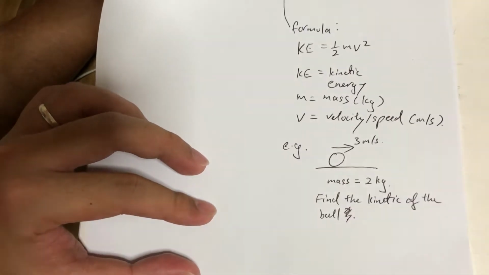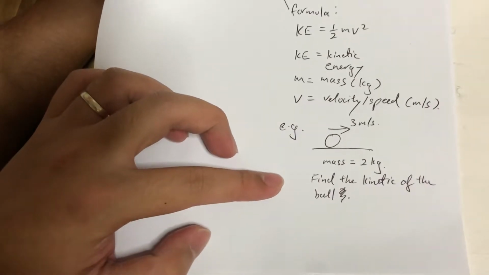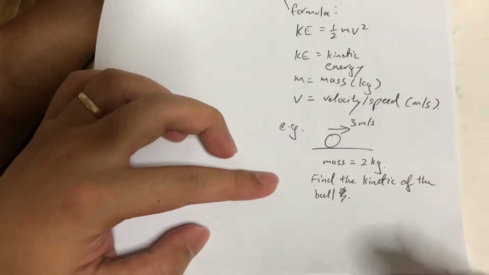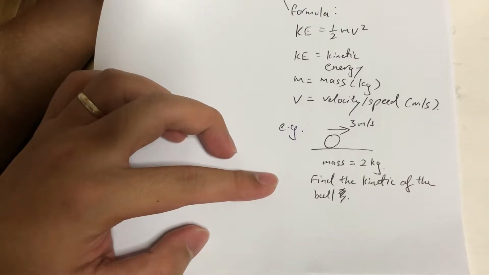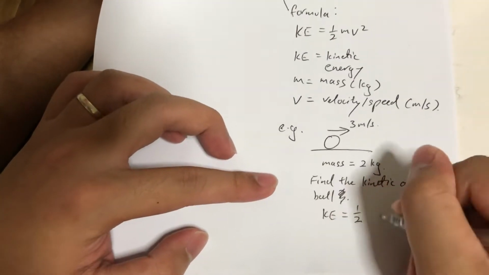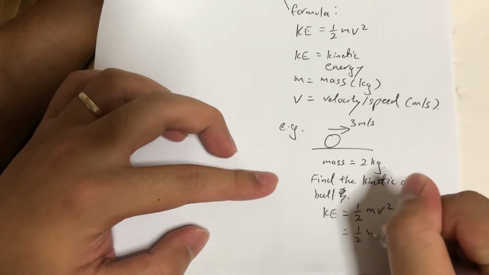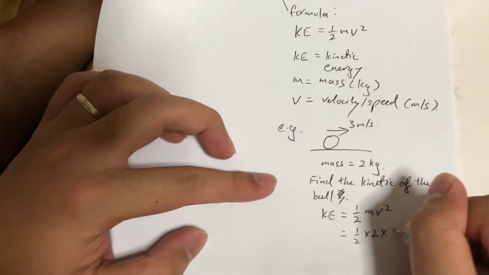Do you think you can find out the kinetic energy of the ball? For those who are already done, you should get something similar to this: half mv squared, half times 2 times 3 squared.